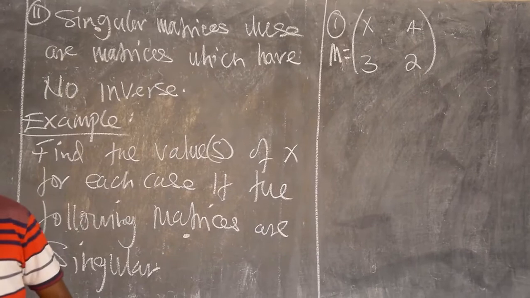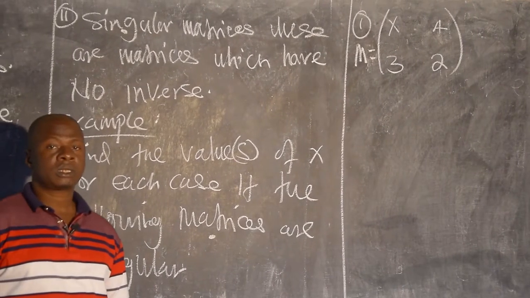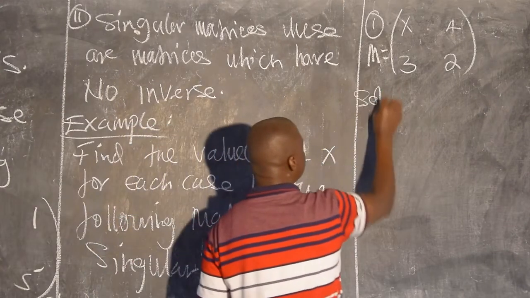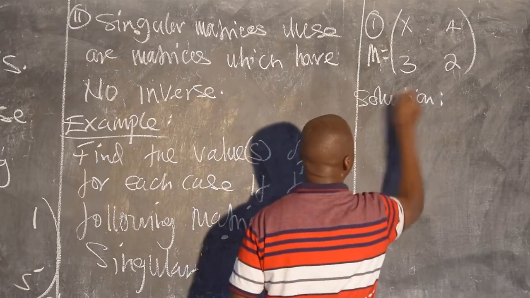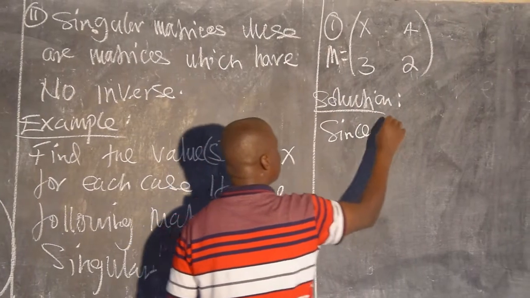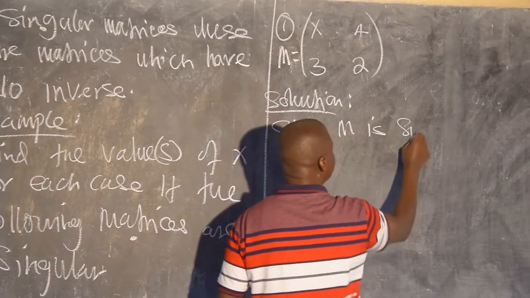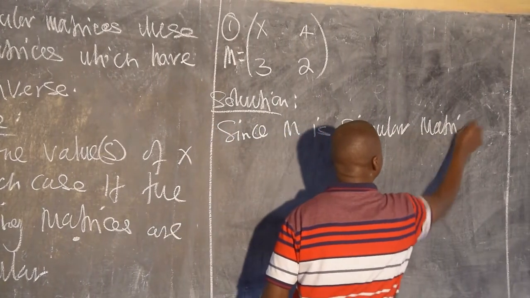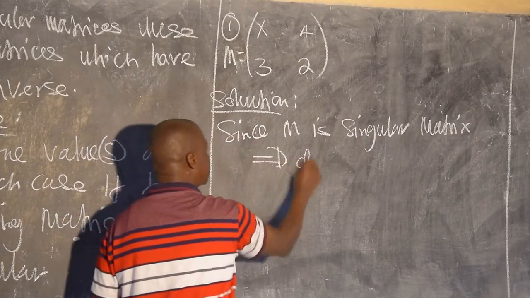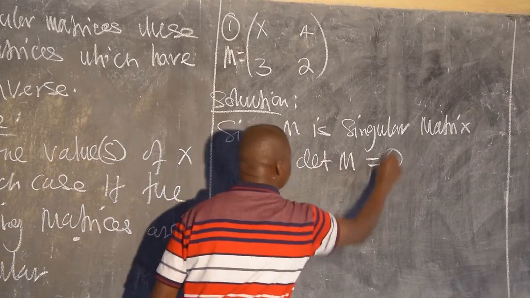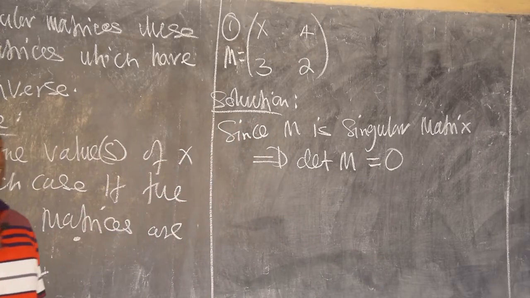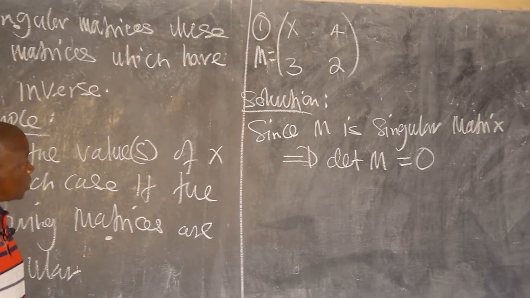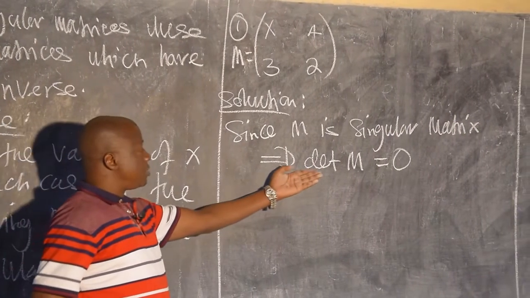By definition, a singular matrix, its determinant is 0. So in our solution, we shall say that since M is singular matrix, this implies that determinant M is 0. So how do we get a determinant?